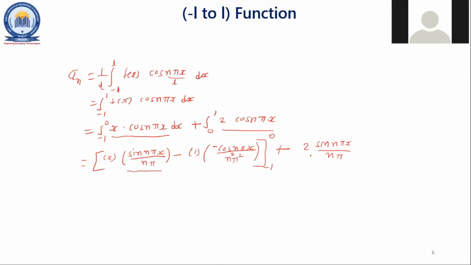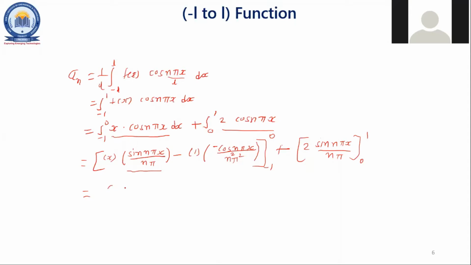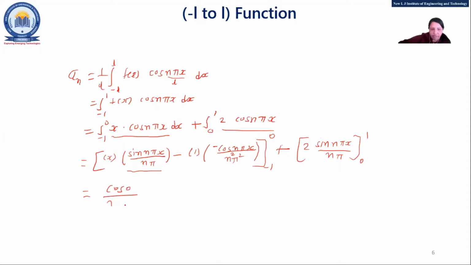Don't forget to put the limit, 0 to 1. Now, okay, wait. Simplification of this is a simple one. At the upper limit 0, the first term will become 0. What about cos? Minus cos, minus 0 will become plus. Cos 0 upon n square pi square, minus cos n pi upon n square pi square.